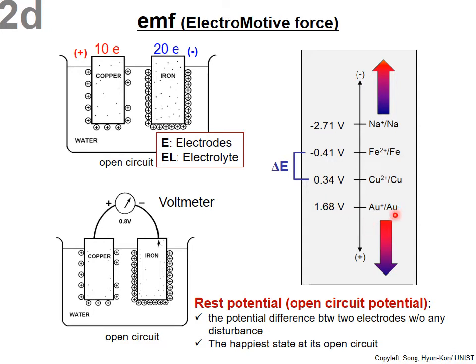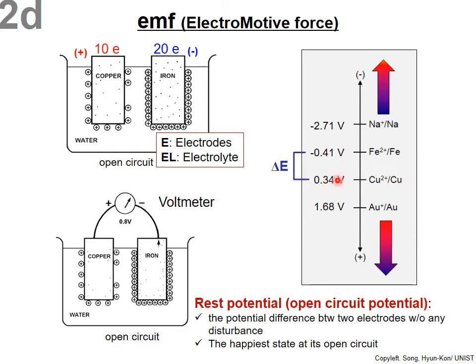Then you can think this species is very poor in terms of electrons. Then the other values are 0.34 volt for copper, minus 0.41 volt for Fe2 plus to Fe, and minus 2.71 volt for sodium plus to sodium. So we have 4 species on the electrochemical ordinate. And if you have 2 metals like Fe and copper, maybe you could expect the voltage difference between them.